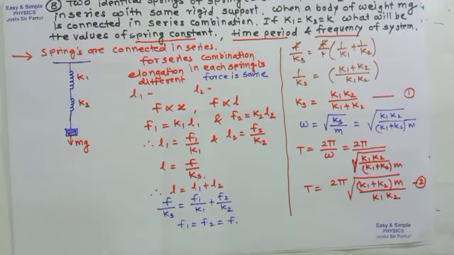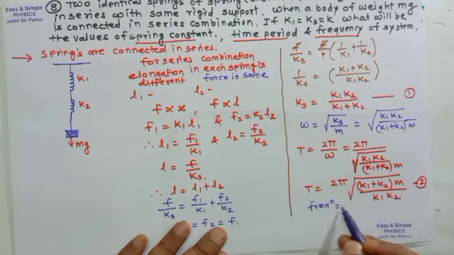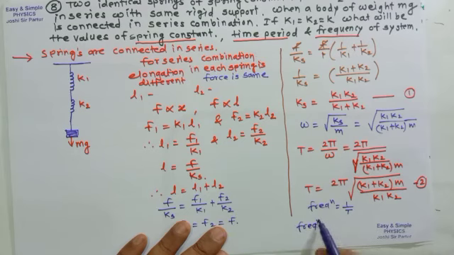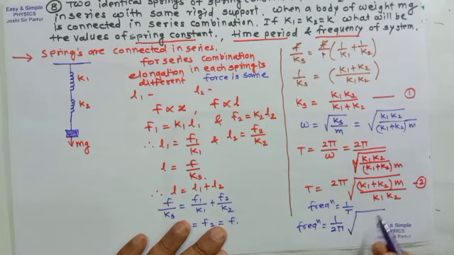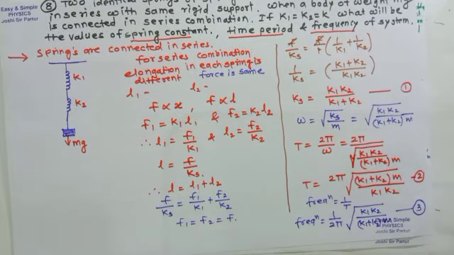If we can find out frequency, frequency equal to 1 upon time period. So frequency is equal to 1 upon 2 pi square root of K1 K2 upon K1 plus K2 into m. That is the third required answer for the given example.